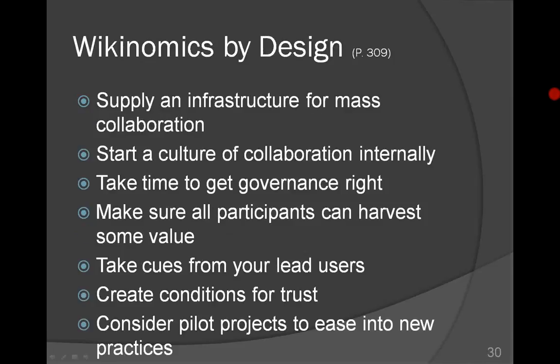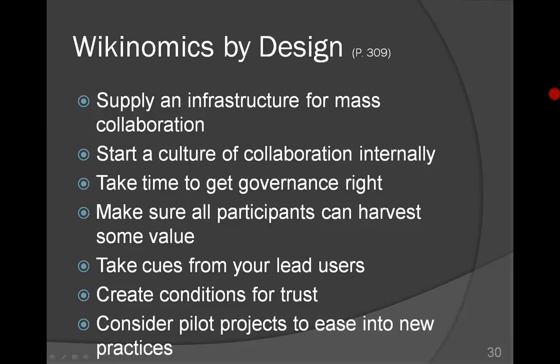Wikinomics by design is a really nice section, several pages out of the Wikinomics book starting at page 309. Each one of these is about a paragraph or so. When you really want to do this, here are some points I gleaned from that, changing the order around a little bit: supply an infrastructure for mass collaboration, and start a culture of collaboration internally. Make sure you can do it as a team internally first before you go to other organizations.